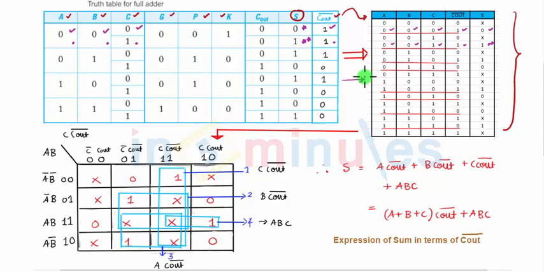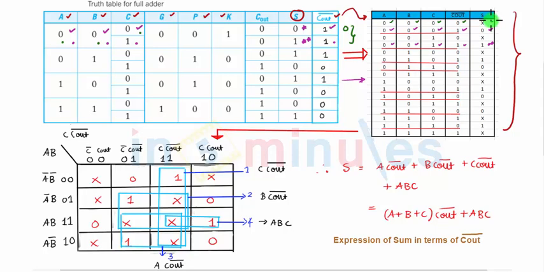However, there might be certain cases which are missing. Let's take an example. A is 0, B is 0, Cin is 0. Where is the case where Cout bar is 0? There is no such case. So for A is 0, B is 0, Cin is 0, Cout bar is 0, because there is no such case, the sum is don't care. It does not matter to you.